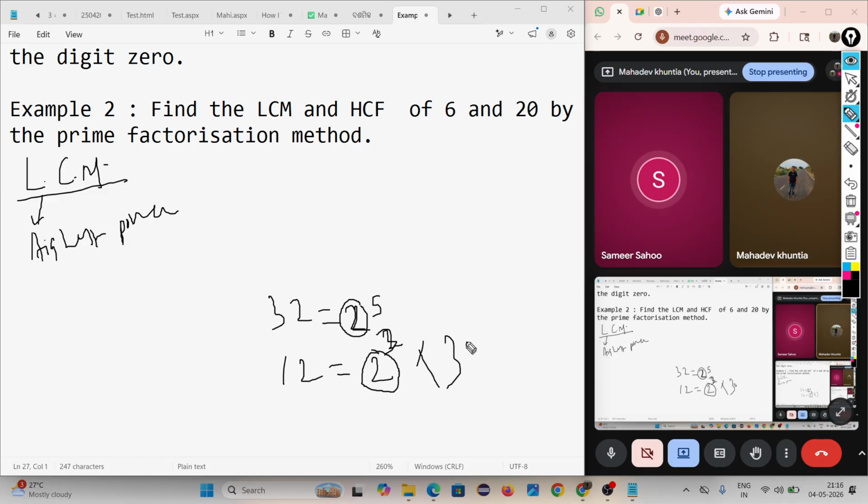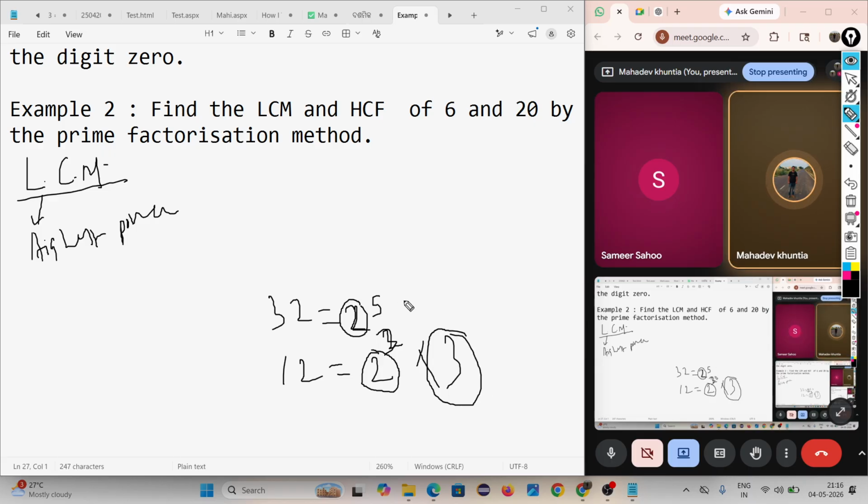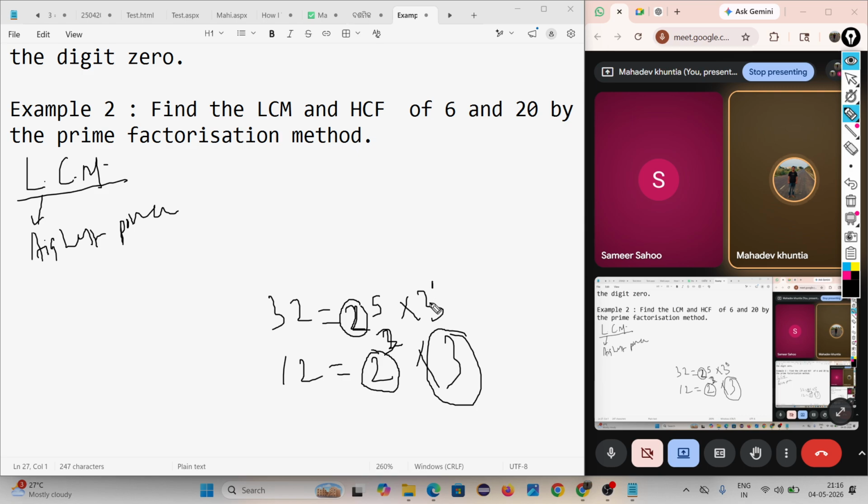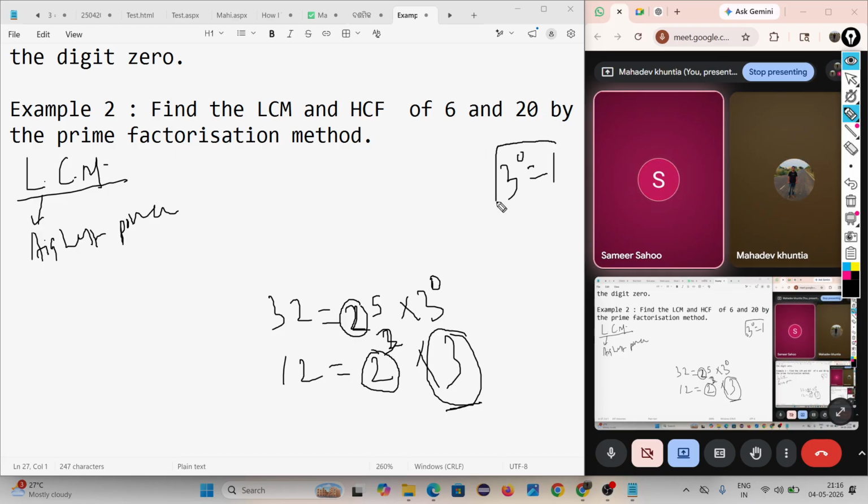Here 3 is there, but here 3 is missing. Then write 3 raised to the power 0, for the term which is unavailable. Suppose 3 is available in the factors of 12 but unavailable in the factors of 32, then 3 raised to the power 0 means how much? 1. Okay, so I write this.